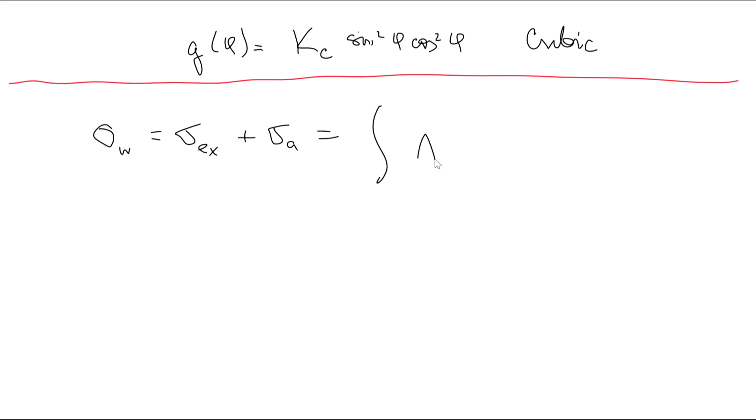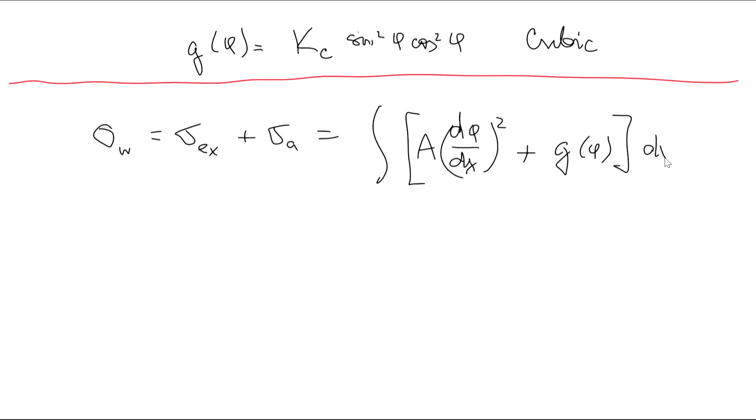So we integrate our exchange A (d phi/dx) squared, plus g(phi), and we would integrate dx across the domain wall, but we can go from minus infinity to plus infinity.